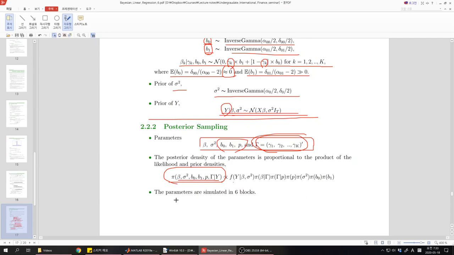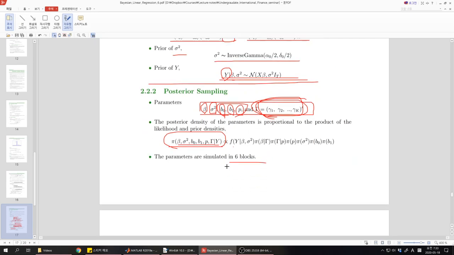So we are sampling the parameters in 6 blocks. Here, beta, sigma square, b0, b1, p, and gamma. Okay, so 1, 2, 3, 4, 5, 6. So we are sampling the parameters in 6 blocks.